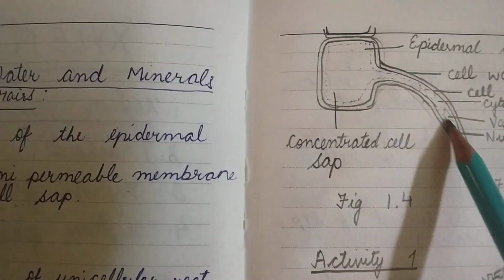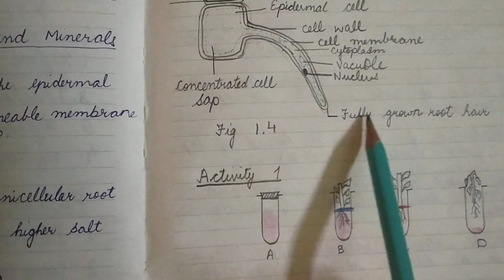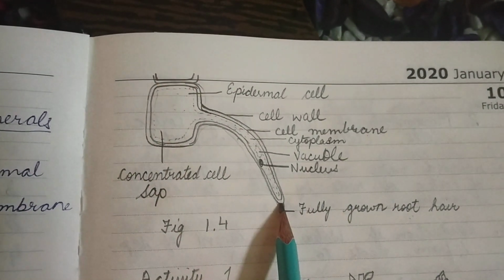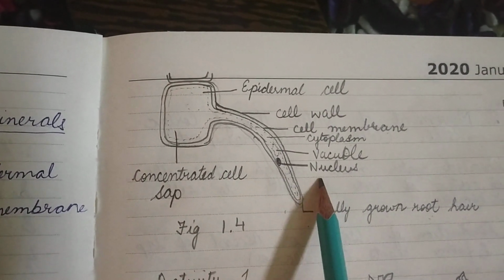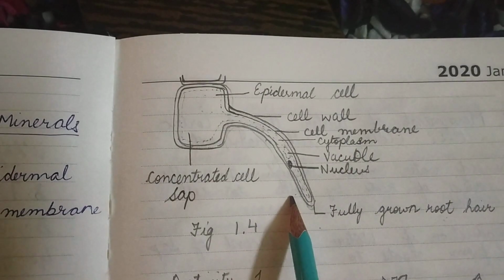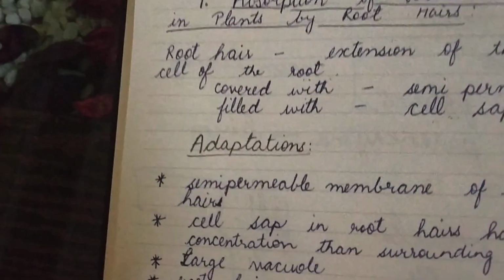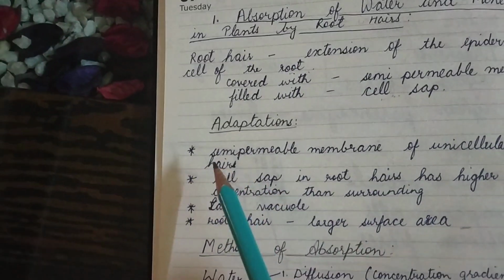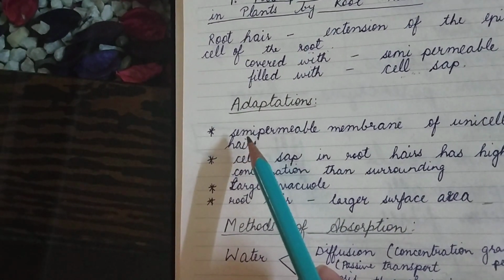This is the extension, the fully grown root hair. This root hair will be placed in the soil, so it will be helpful in absorbing the minerals or water from the soil. Now how the root hairs are adapted for doing their function, that is absorption, we'll discuss.